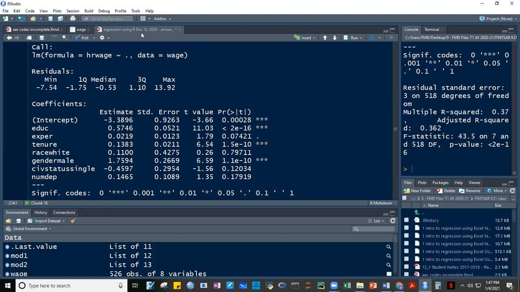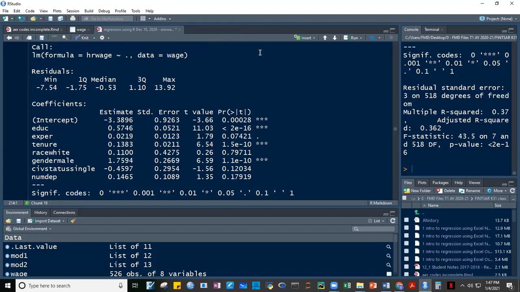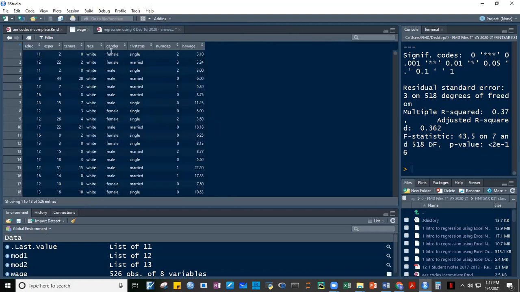Ganon din dito guys sa civil status. Kasi single or married yung civil status eh. So since alphabetically mauuna si married, yun ang gagawin niyang reference, 0.